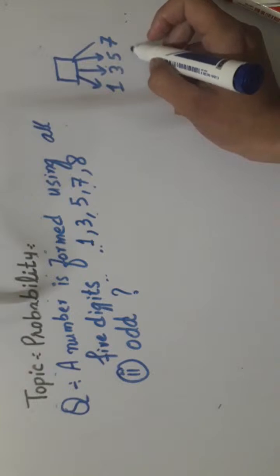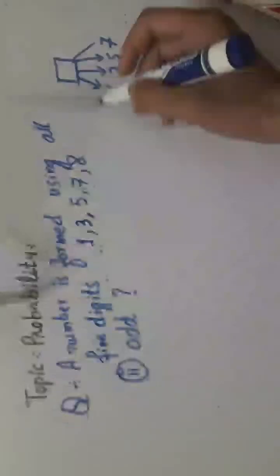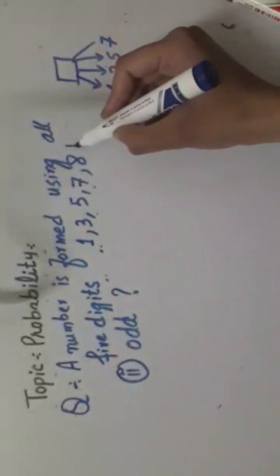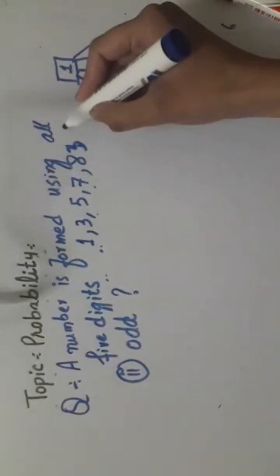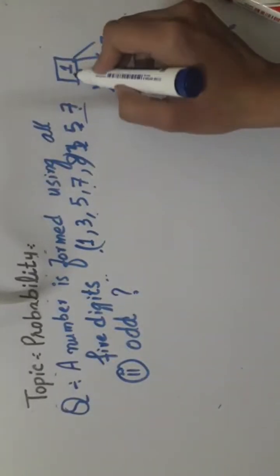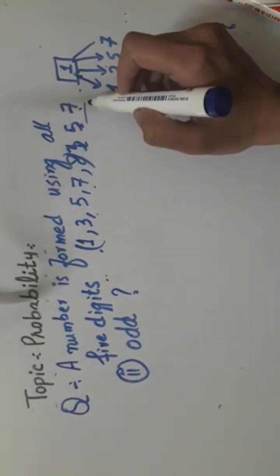If we use 1, 3, 5 or 7 at the last position, the other numbers can change positions. When you use 1 in the last, you can change the position of 3, 5, 7, but 1 is not changed. When you use 3 at this place, the other 3 numbers can change, but this number cannot be changed.